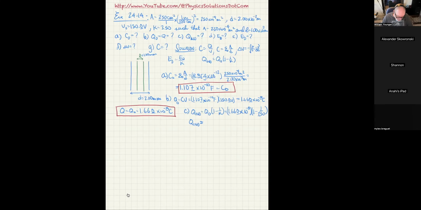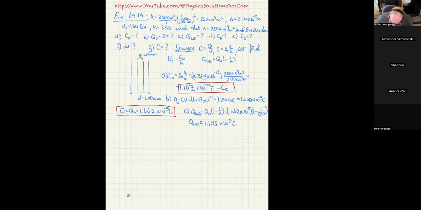I'm going to take this 1.660 times 10 to the negative 8, and multiply it by 1 minus parentheses 1 divided by 3.50, close parentheses, and this gives me 1.185 times 10 to the negative 8 coulombs.